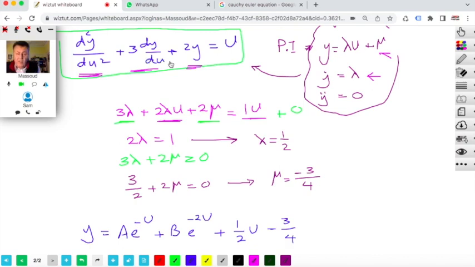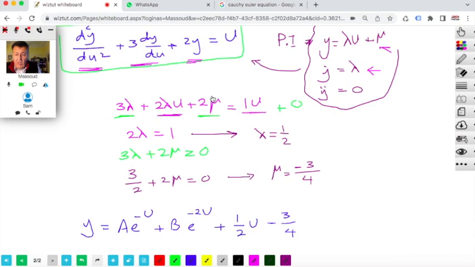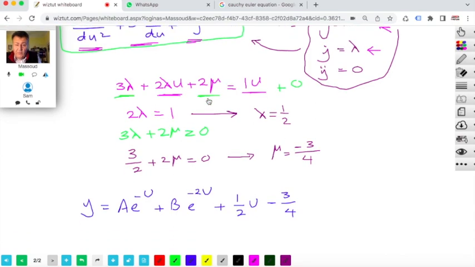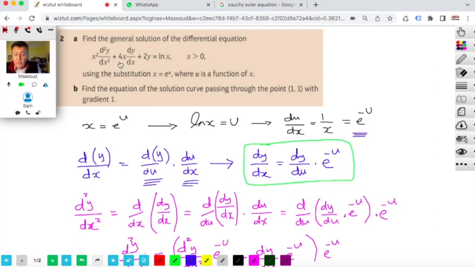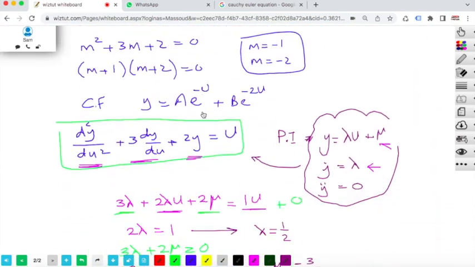Now, this is y in terms of u, but of course the question was a differential equation relating y to x, so we need to just replace that back in. So wherever I see u, I'm going to place log natural.